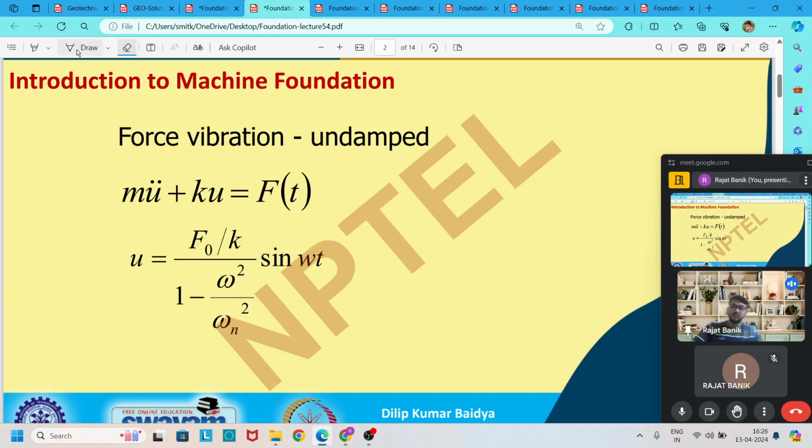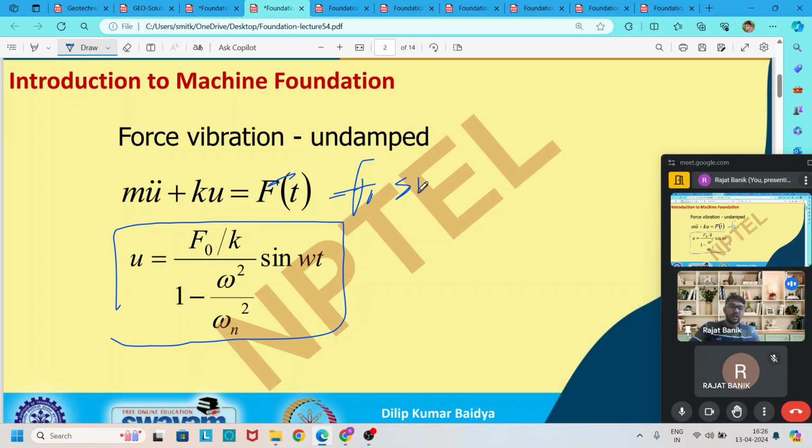After solving this equation, if we represent f of t as f naught sine or cos omega t, then the displacement is equal to f naught by k divided by 1 minus omega by omega n whole square, into sine omega t.